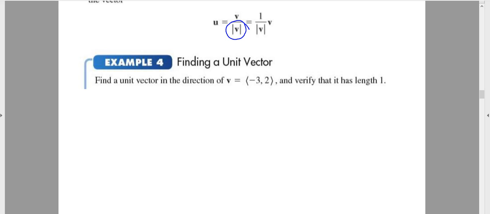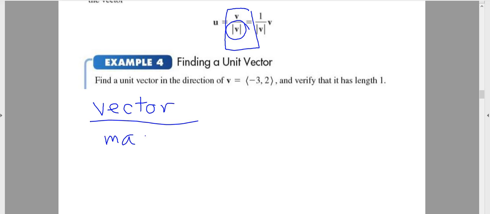What do you do with the magnitude to the vector? It says right here, divide it. Correct. I'm supposed to take the vector and divide by the magnitude.